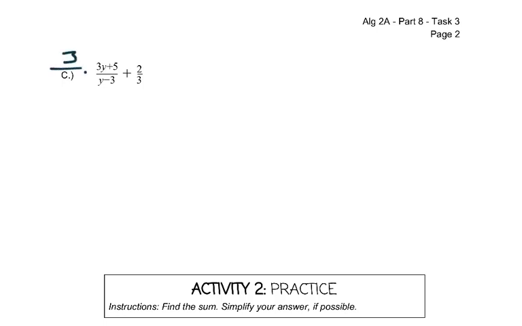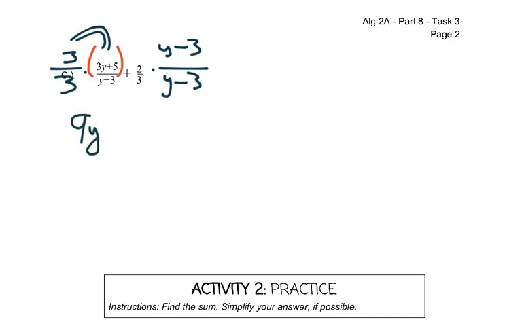So I'm going to multiply the first one by 3 over 3. And what do you think I'm going to multiply the second one by? Y minus 3 over y minus 3. Okay? So same process, even though it's a difference, not just a term. And so then, don't forget to distribute. So I get 3 times 3y, 9y, 3 times 5, positive 15, over.